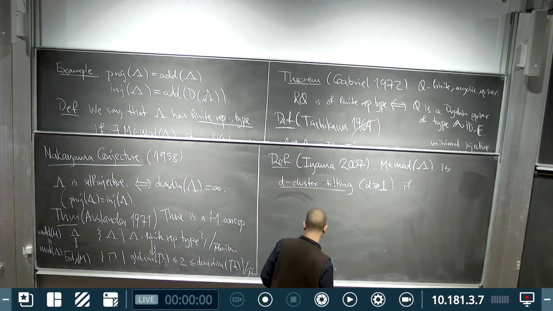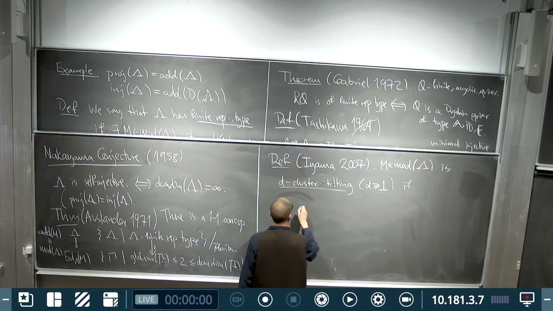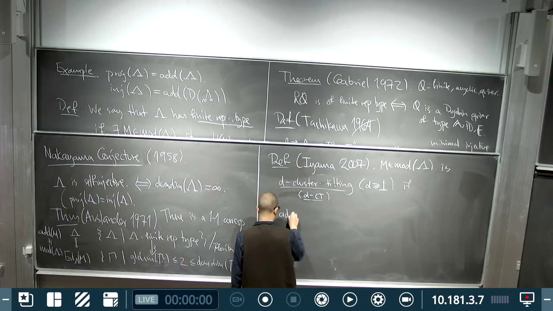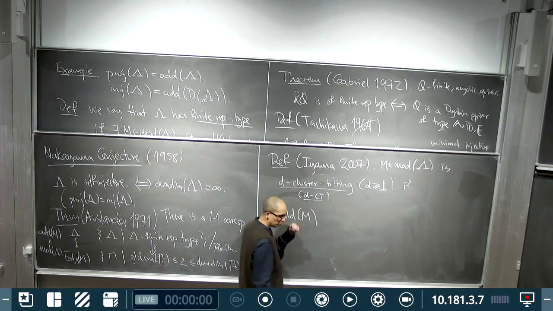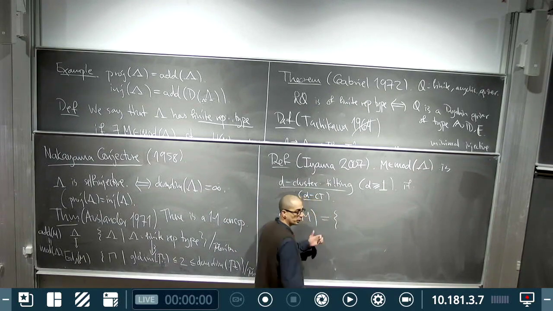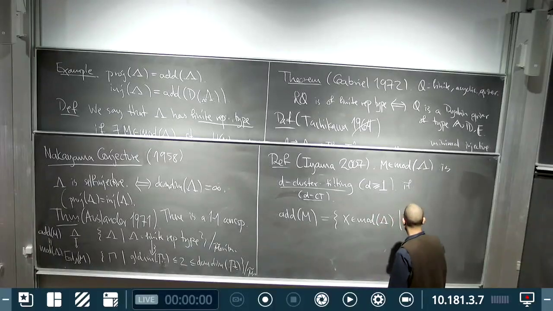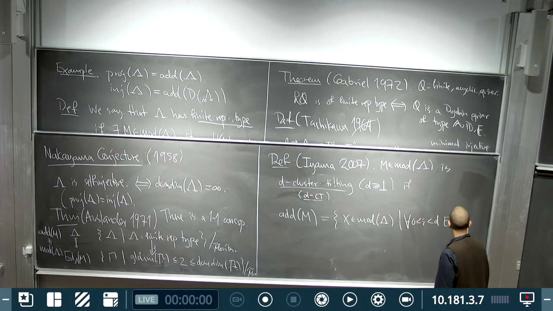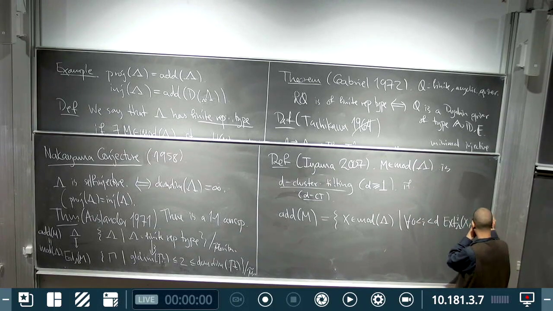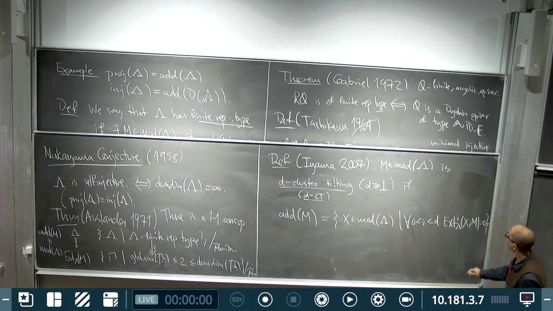But nonetheless, M is d-cluster tilting, abbreviated DCT, if we can describe the additive closure of N in the following two ways. It consists of the finite dimensional lambda modules that have no extensions by N in degrees strictly between 0 and d.